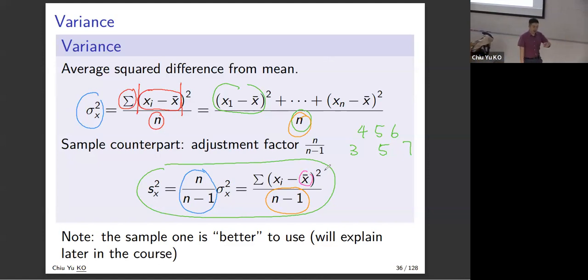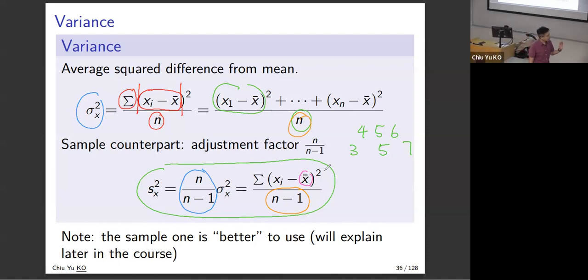If it were mu, you wouldn't have this problem. But we estimate it, so you have one degree of freedom less. I don't want to go into the technical part because we will learn why in the fifth topic. But intuitively, if you use this formula directly, there's a problem. We cannot use it directly. We have to use another formula to guess.